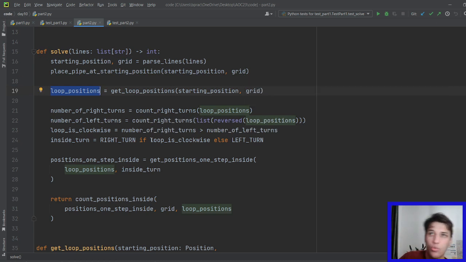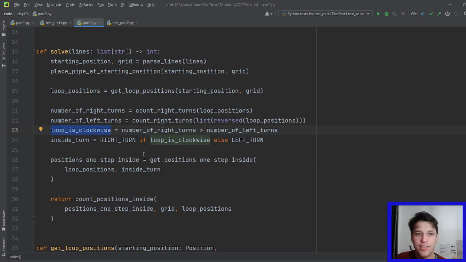And then what we want to get is the loop positions. Then we count the number of right turns based on those loop positions, and we also find the number of left turns. And then we compare whether the number of right turns or the number of left turns is larger. If the number of right turns is larger, then that means this list of positions goes around the loop clockwise.